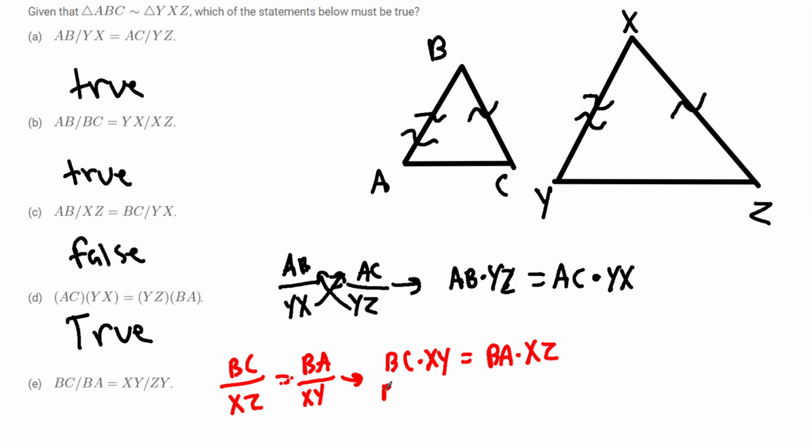So we would get BC over BA equals, divide the XY over here to get XZ over XY. Well, does that match our formula? BC over BA equals XZ over XY. Well, that does not seem to be what we are looking for. So in this case, our answer to part E is false.